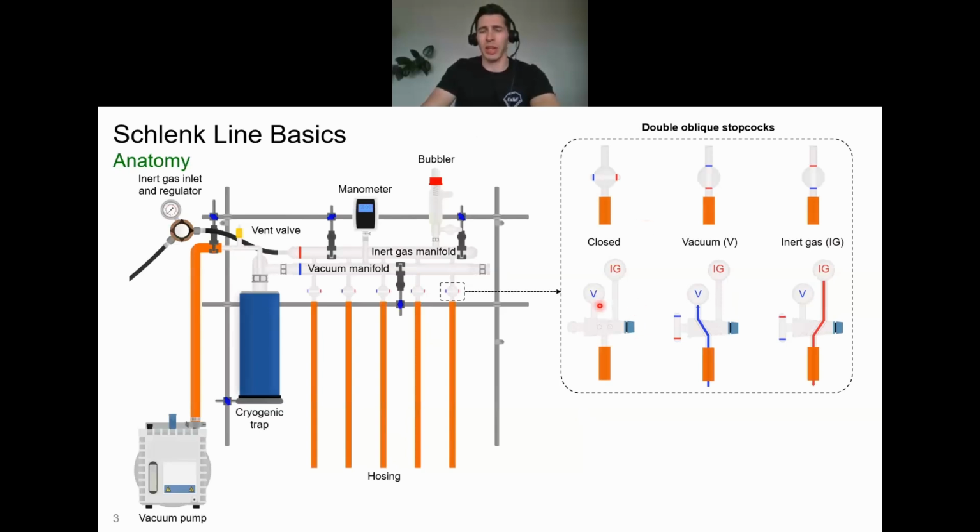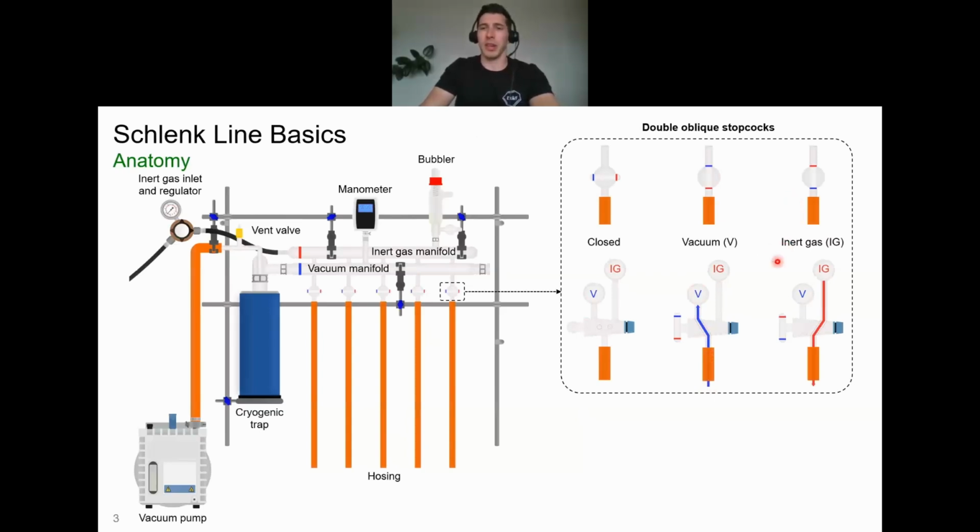And if we look at a side-on view of the dual manifold system and the double oblique stopcock, the double oblique refers to the two holes that pass through the key, and in this side-on position, there's no through channel from either the vacuum or inert gas manifold to our outlet, which is the hosing. However, if we have it in this upright position, which is denoted with the blue in the upright position, we can see that we now have a continuous channel for the vacuum, and when we turn it 180 degrees, we now have the inert gas.